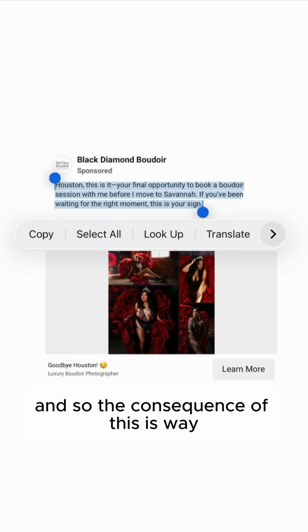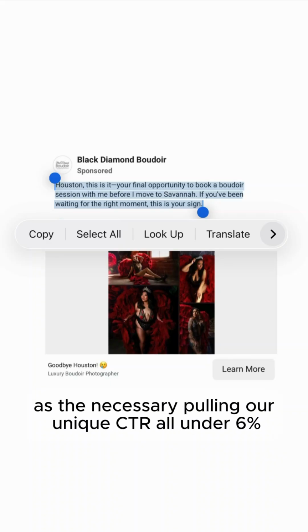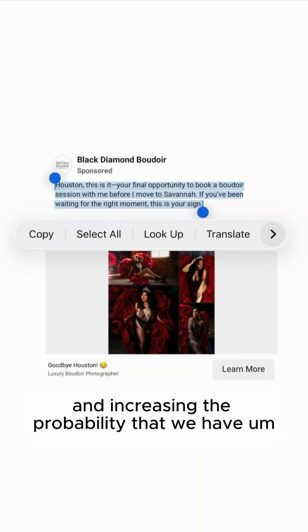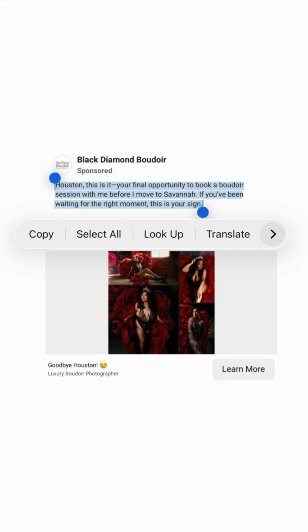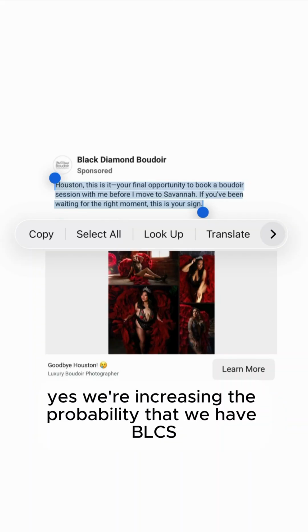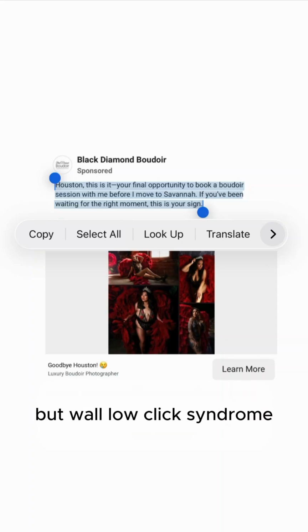And so the consequence of this is way, way, way more women scrolling by our ads than necessary, pulling our unique CTR under 6% and increasing the probability that we have BLCS, Boudoir low click syndrome.